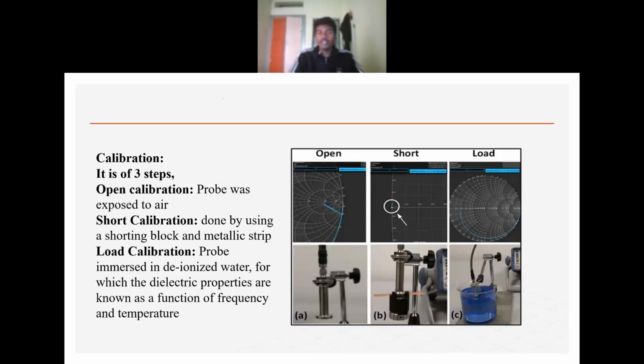In short calibration we use a shorting block and a metallic strip. We send the total incident signal with the shorting block in place, so the total incident signal comes back, which means 100% reflection should be achieved and there is no transmission.